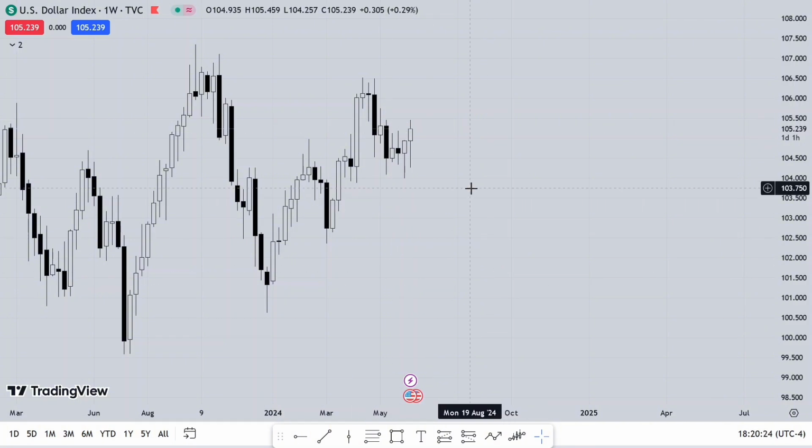And we have two types of liquidity: buy side liquidity and sell side liquidity. Buy side liquidity are buy stops that traders place on the market. You do not need an indicator or anything to look for buy side liquidity or sell side liquidity.